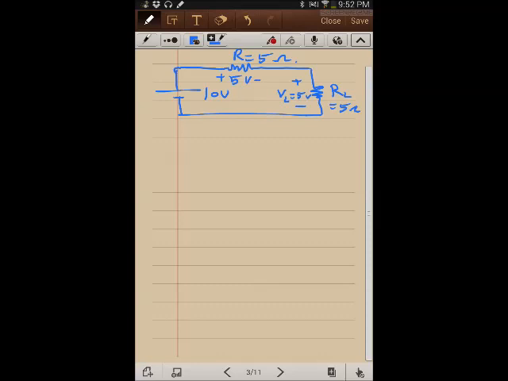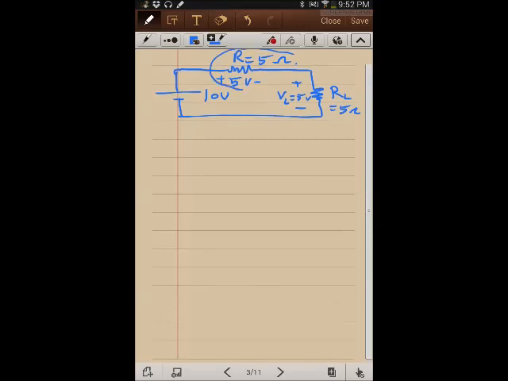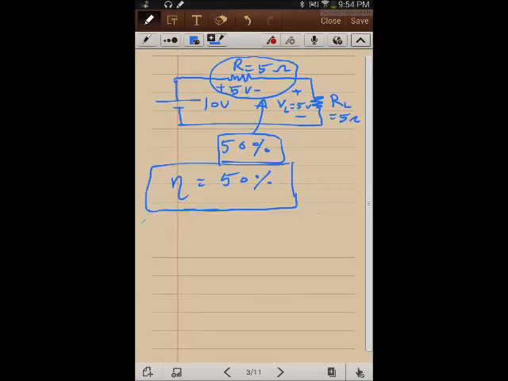If we measure the amount of power dissipated on this resistance, it will be 50% of the power dissipated as heat in this resistance. So we have an efficiency of 50%, which is very low. Let us take the same circuit and replace this resistance with a switch.